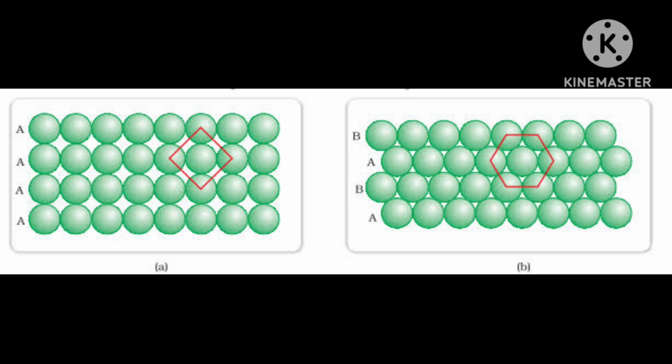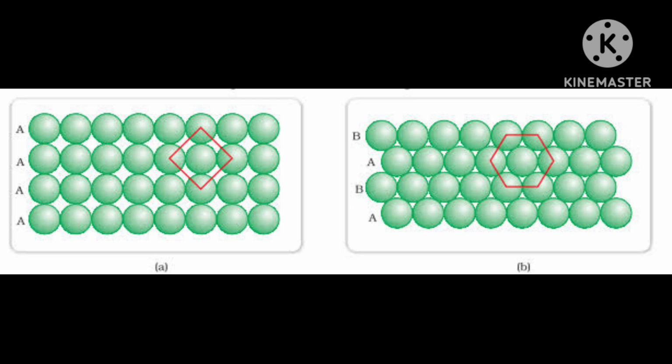Similarly, we may place more rows to obtain A type. Means 3 rows, A. Fourth also you can put. Then all are A like that. Suppose 3 rows are there, then we may place more rows to obtain A type of arrangement. I will try to send the diagram also. It is easy.